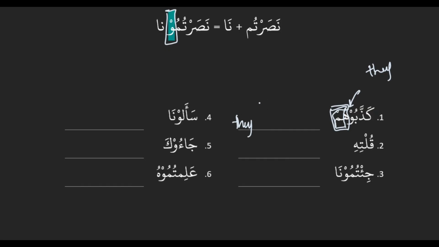Denied, because it's past tense. So they denied, and what are we going to do with that hum? Receiver, them. They denied them. Doer, action, receiver. Don't let this new information erase everything you've learned before. It's still an action sentence with the doer. It's just that the doer is embedded within the action, and then we have an action and receiver. So it's just like a normal action sentence.